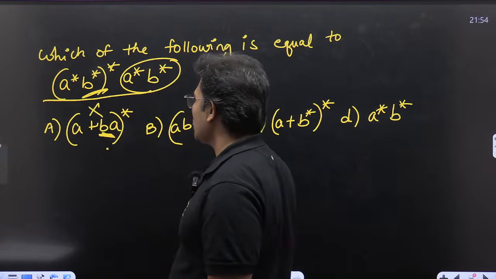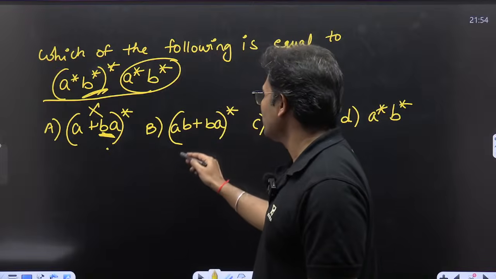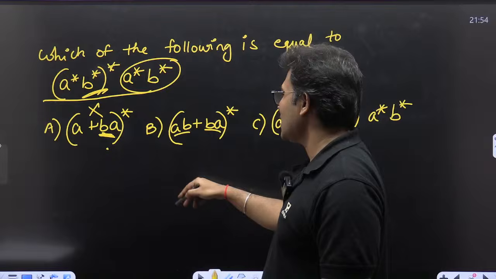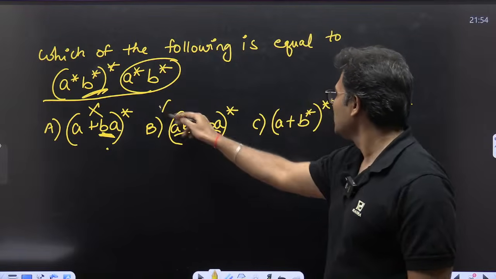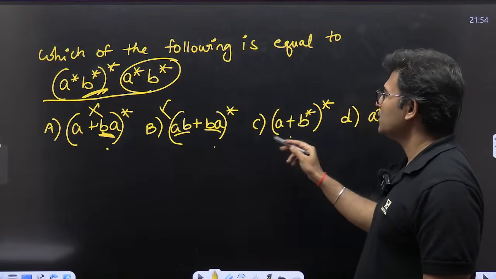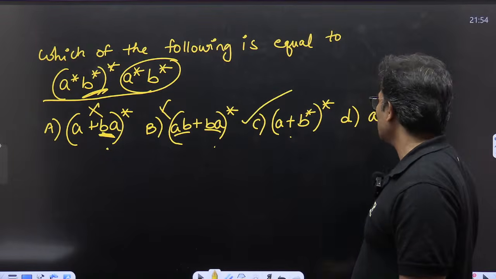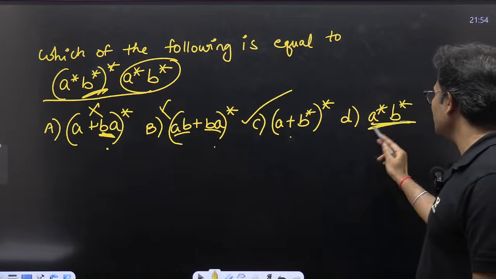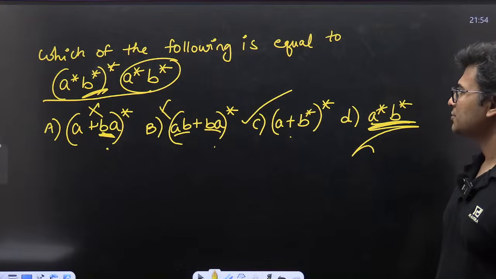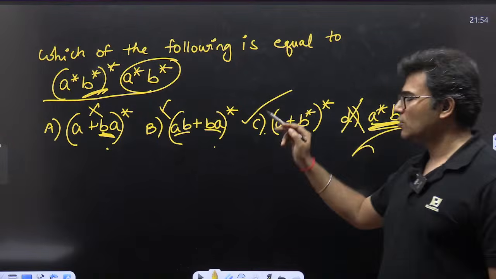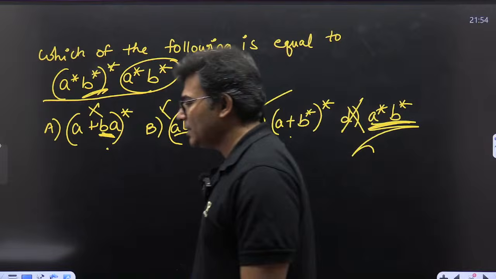Here also ab can be generated, ba can be generated, but aa and bb cannot be generated. And this one is also (a+b)*. And a*b* is not (a+b)*, so this is also wrong. This is right. Okay, then we will end the class here.